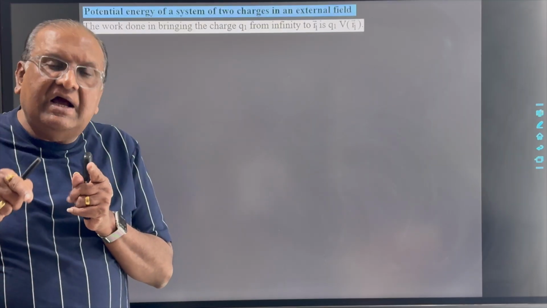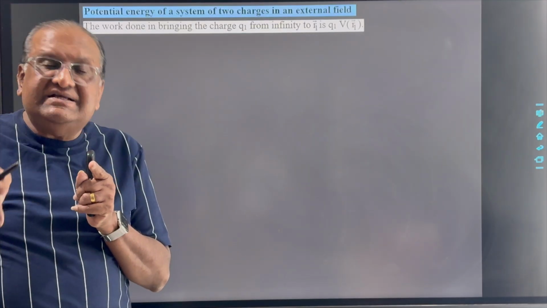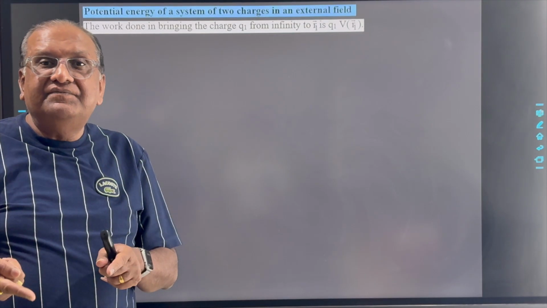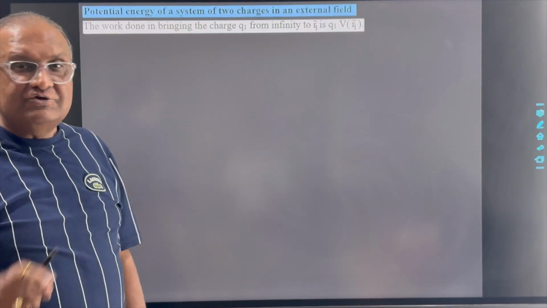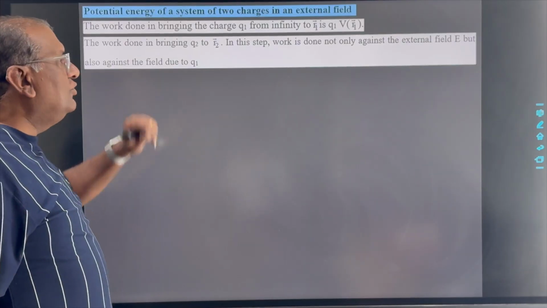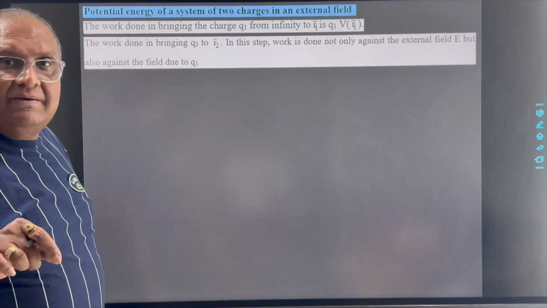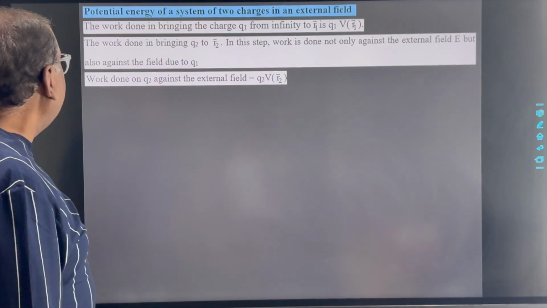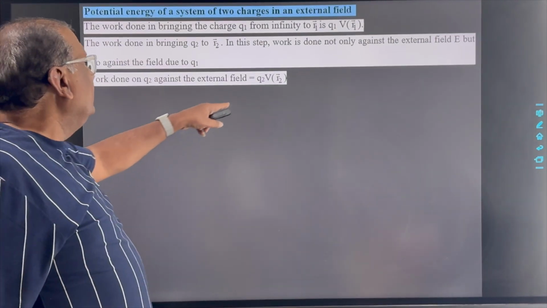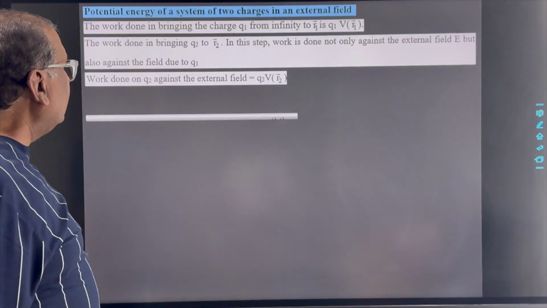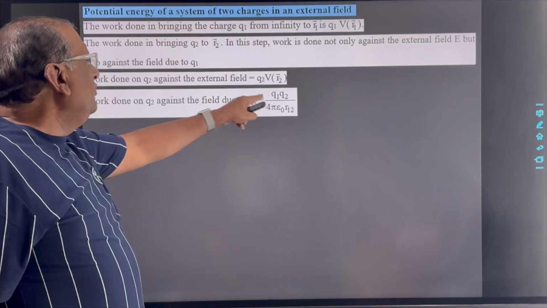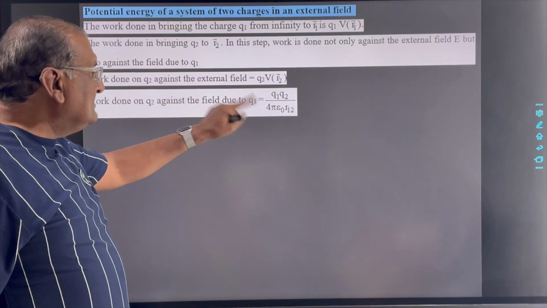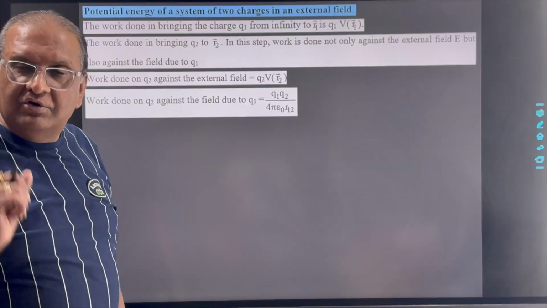Then at position R2, due to the electric field itself, potential is there. But due to charge Q1, potential is also there. Right? So for charge Q2, if we place it at position R2 in the external electric field E, then the total work done is Q2 into V at R2 as well as Q1 Q2 upon 4 pi epsilon 0 R12, because there is a potential of charge Q1 also.